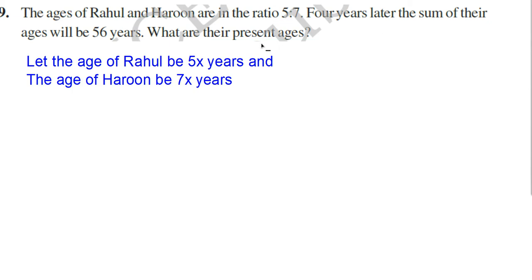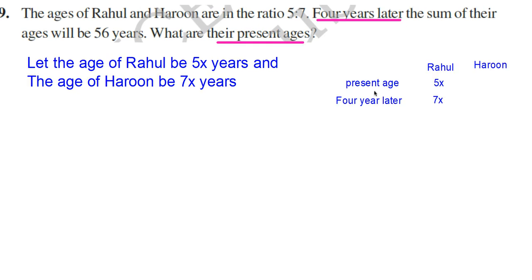Here we have two conditions given. One is their present age, one is their age 4 years later. Let us take these two. Here the present age of Rahul we can take as 5x and the present age of Haroon we can take as 7x.